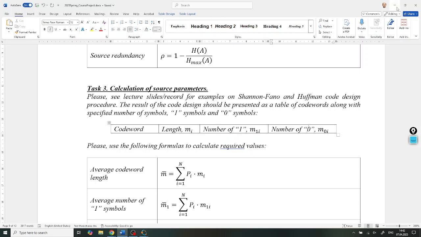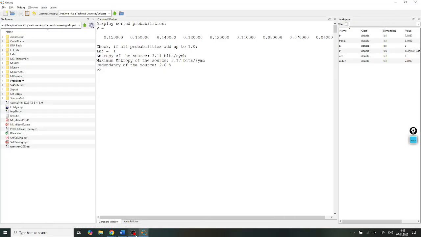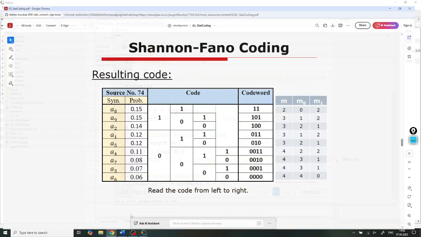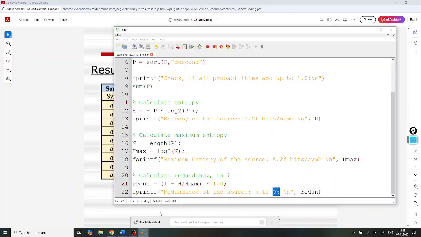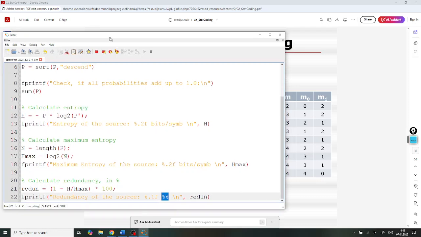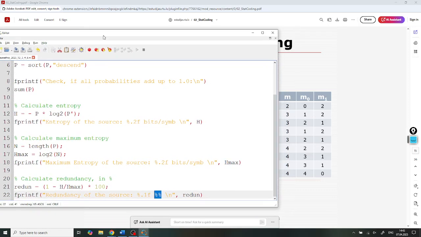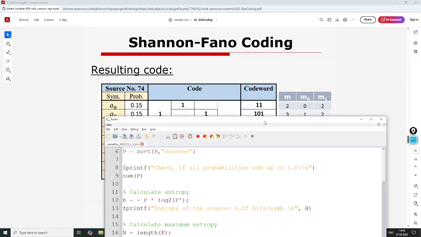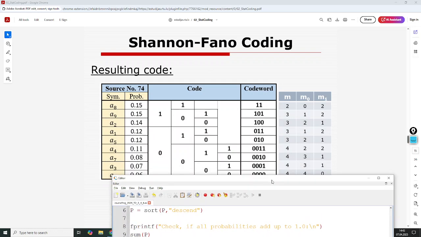So actually, let's input that data now to the code. I need to see it here. Now, pay attention that at this point you have to be sorted, like here.